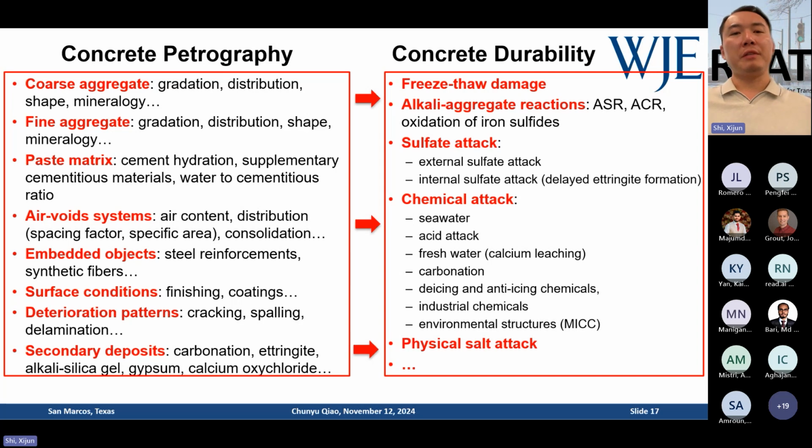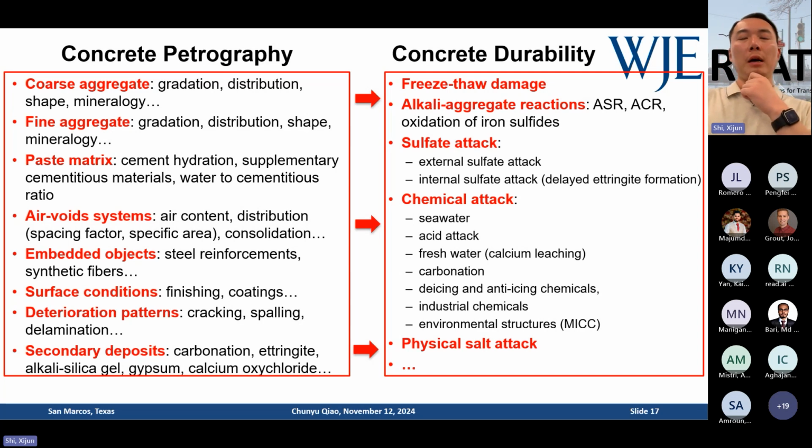Also, some very specific chemical sulfate attacks. External sulfate attack, like I said, in Southern California, the soil is normally high in sulfate, or some part in Colorado. So if you have sulfate salt ingress into your foundation members, you will deteriorate your concrete. So we call that external sulfate attack. We can look at the features microscope petrographically.